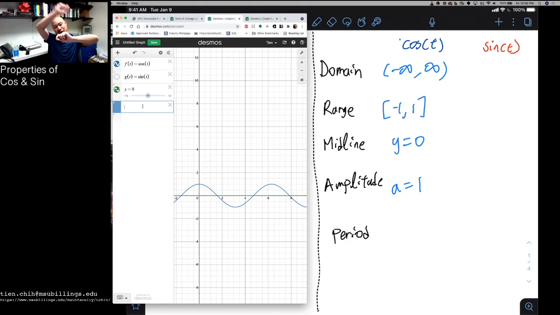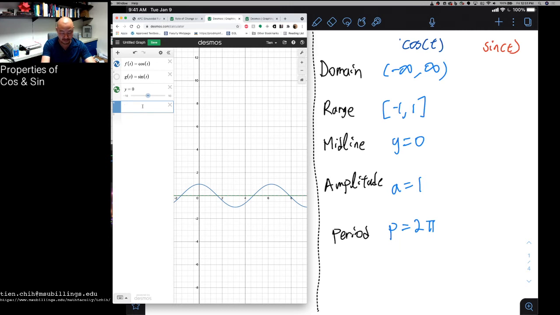And so every 2 pi units, it repeats itself. And so from that, we can deduce that the period of the cosine function is 2 pi.